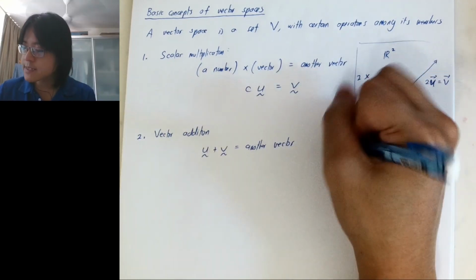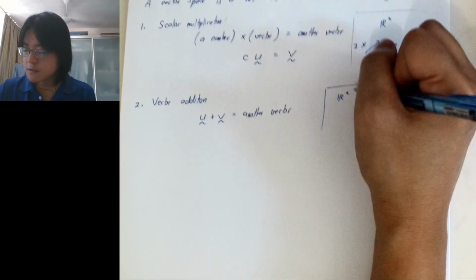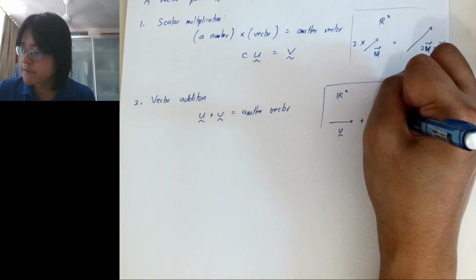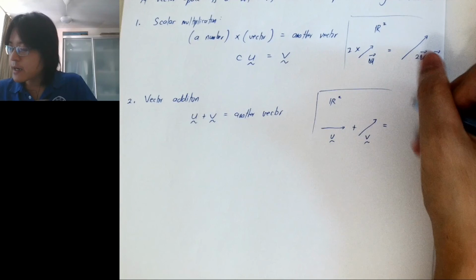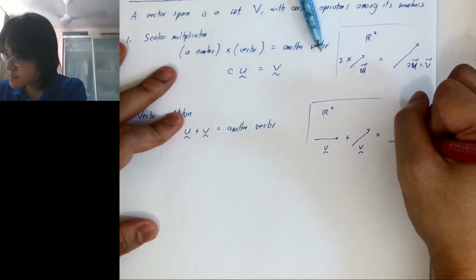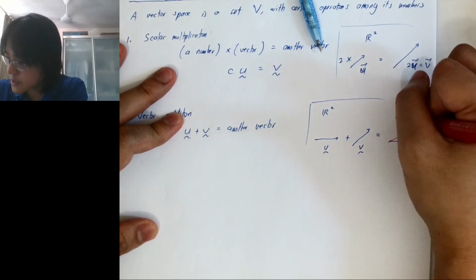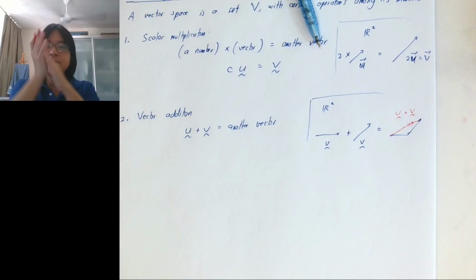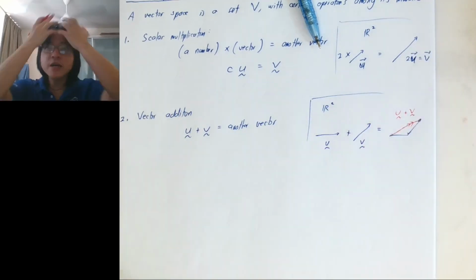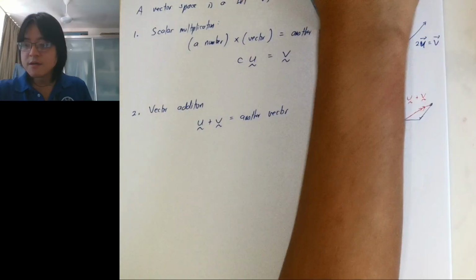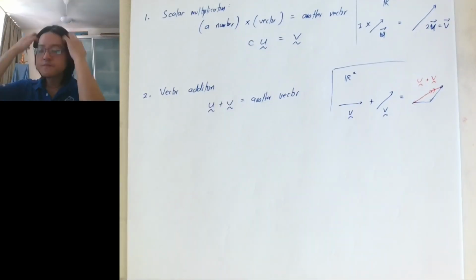Again, an example in R2: if I take a vector u and add another vector v, I get the new vector u plus v. So adding two vectors creates a new vector in a new direction, maybe, and a new length. This is vector addition.